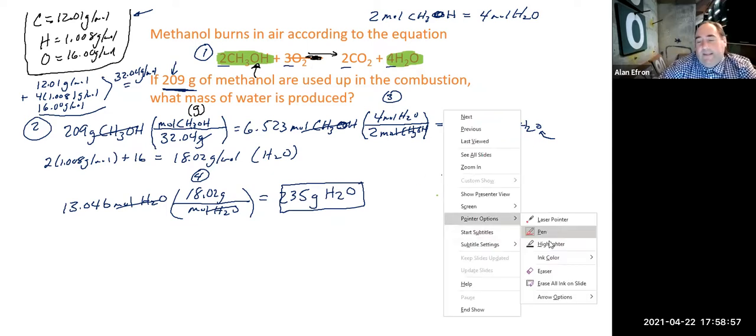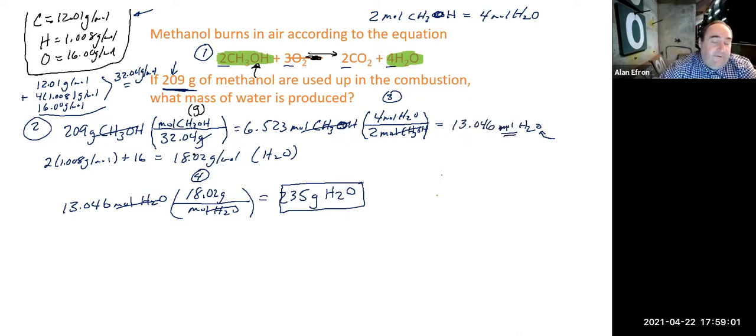So what does this number really mean? Well, it means that if you did this reaction and you started out with 209 grams of methanol, everything went perfect, there was no side reactions, you didn't spill anything along the way, drop anything, you should produce 235 grams of water.